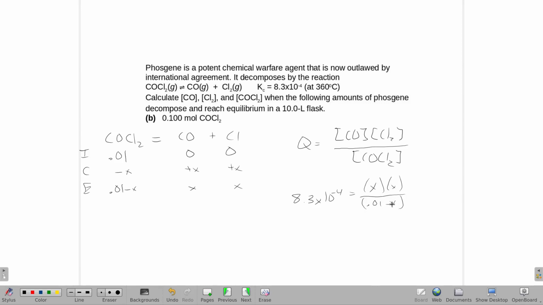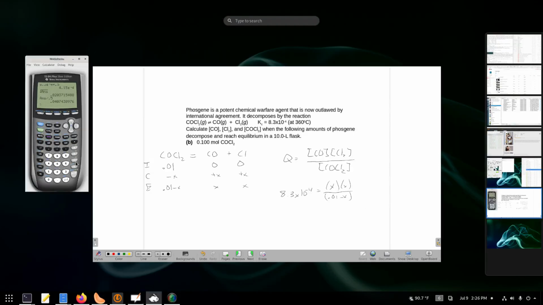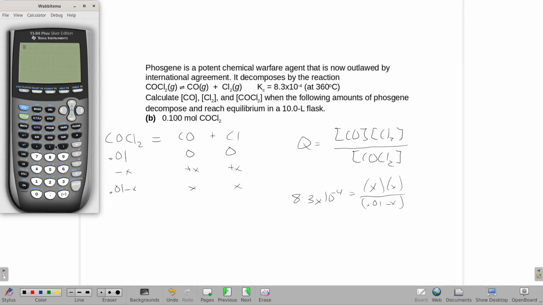So right off the bat, I'm going to try that exact same thing and assume that that x is small, because it is still expected to be small. Let's see what it does this time. 8.3 times 10 to the negative fourth times, this time, 0.01. Now we're going to take the square root of this.